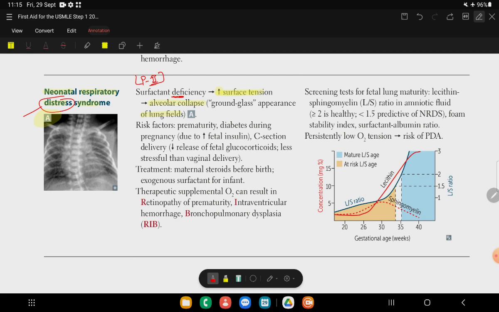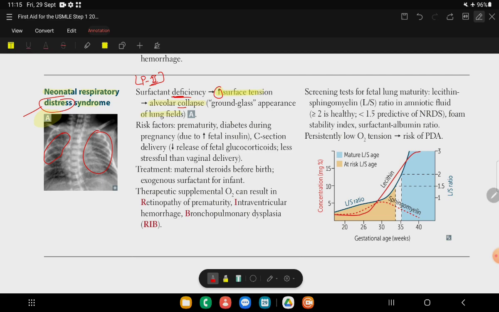When there is a deficiency of surfactant, or the lungs have not matured properly, surface tension increases, so the baby puts more force into ventilation, and because of that there is alveolar collapse, and that leads to the ground glassy appearance on the lung field. In this x-ray you can see the ground glassy appearance, look at this part, like this. So it is basically due to the surfactant deficiency.